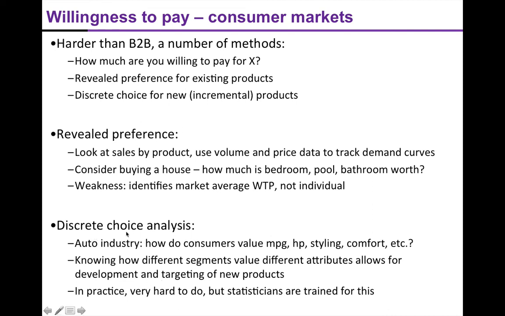There's also what's called discrete choice analysis. This is a nasty, complicated statistical analysis where you figure out customers' willingness to pay for attributes of your product. So you consider your product not as, say, a car, but that your car is a bundle of attributes.